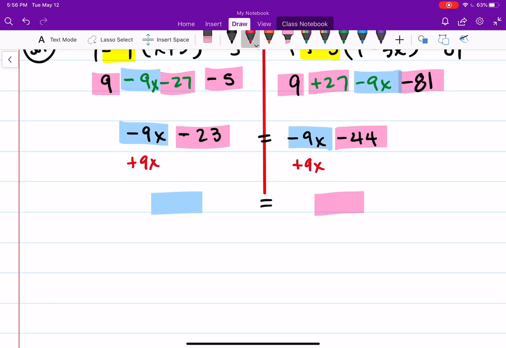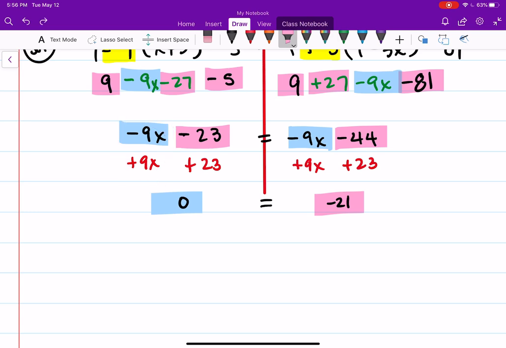I have to bring the 23 over to the other side by adding 23. And that's going to give me a -21. And this is going to give me a 0, right? Because over here, that's going to give me a 0, which I wanted. This, however, turned out to be 0 as well. Not what I wanted, but it happened that way.